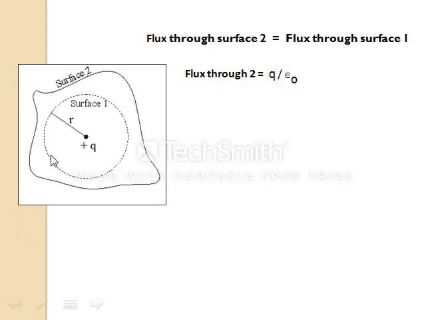If I remove the surface, we are not concerned with the surface now. Its purpose is over. So we can say that if we have an arbitrary surface with charge q inside it, the flux through it is q by epsilon naught. There is the result.